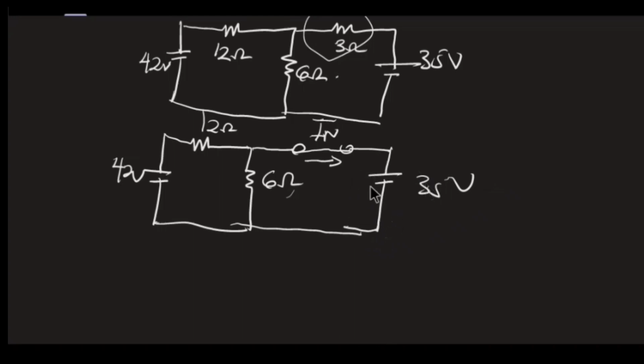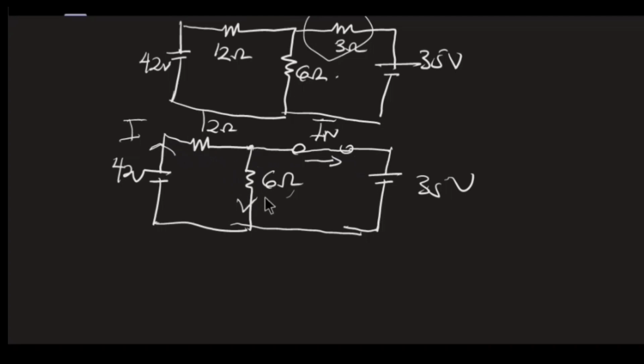Now the next thing to do is to find this value. This voltage source here is producing a current, let's say I. The current will pass through here, and upon reaching here, by applying Kirchhoff's current law, this one will arrive here and this one is leaving.